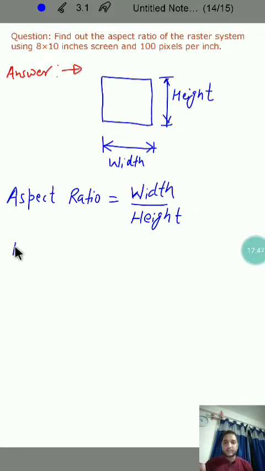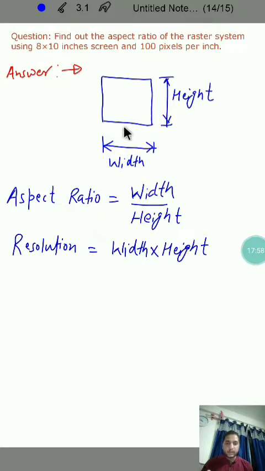And what is resolution? Resolution will be width into height. Suppose we are given a resolution of 1280 into 1024. It means there are 1280 pixels in the horizontal direction and 1024 in the vertical direction.